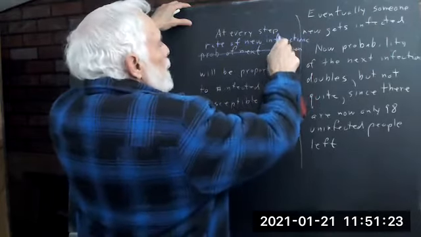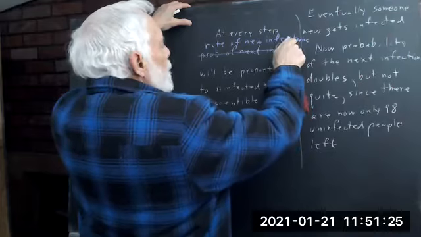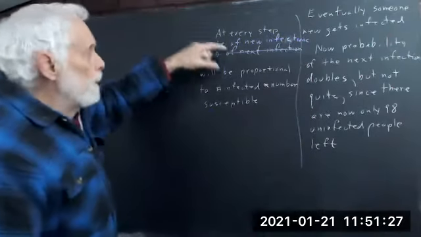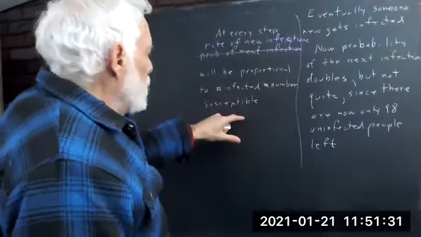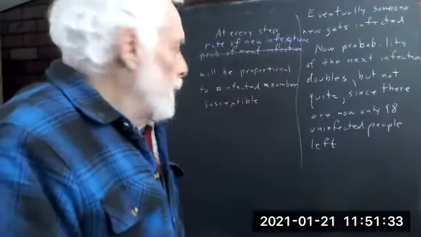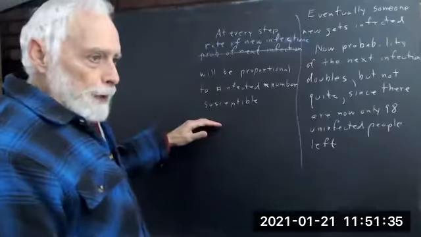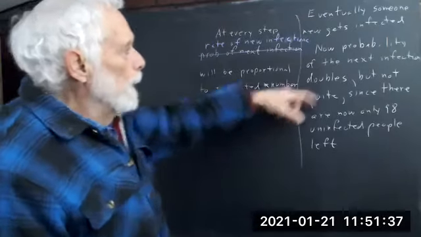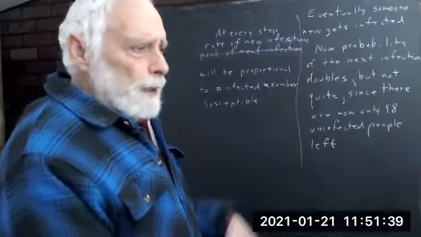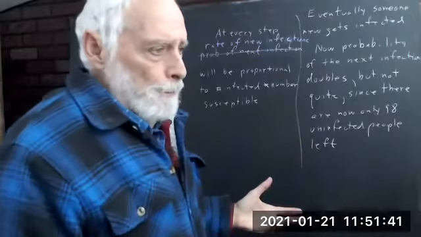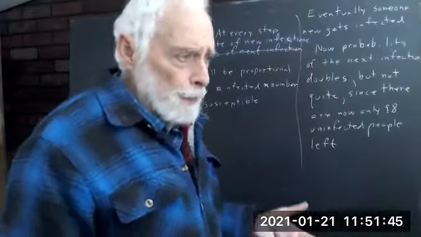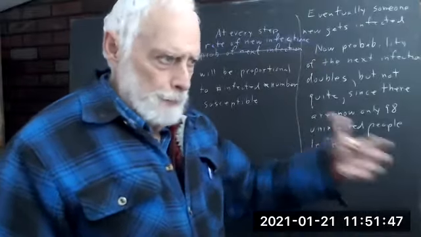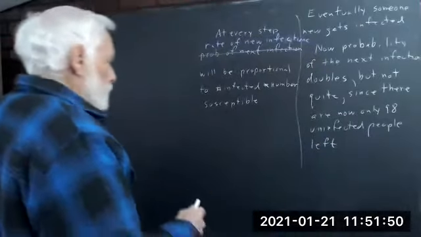I don't know where that N came from, somewhere in my fertile brain. Okay, the rate of new infections is going to be proportional to the number infected times the number susceptible. Now the rate kind of feels like the probability of the next infection, but I did say over the next hour. What's the probability of the next infection over the next hour? That becomes a rate of infection. Think about that a little bit.